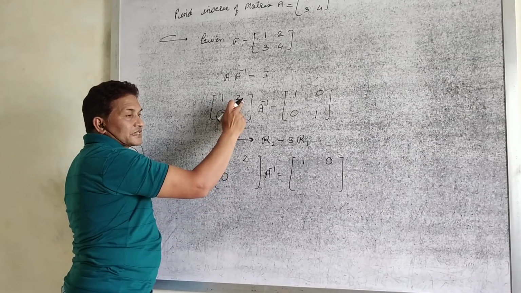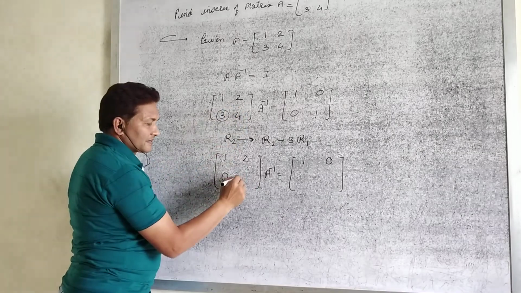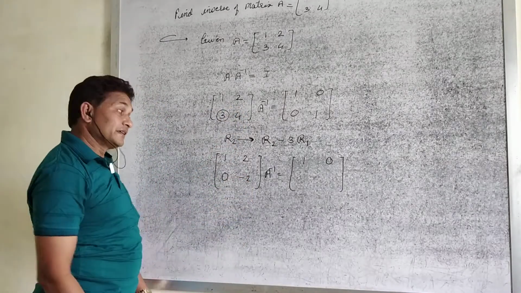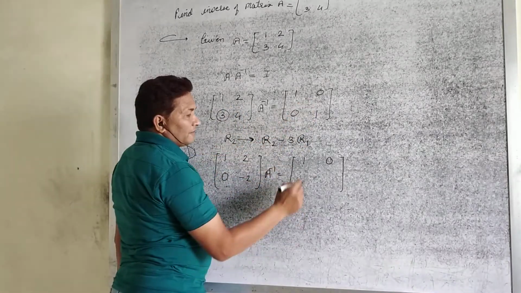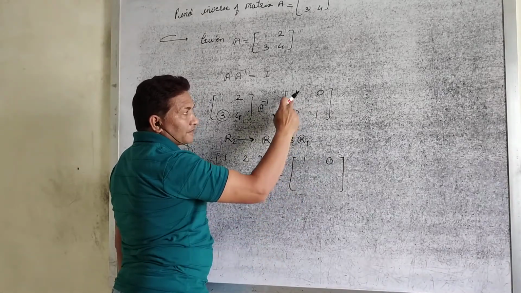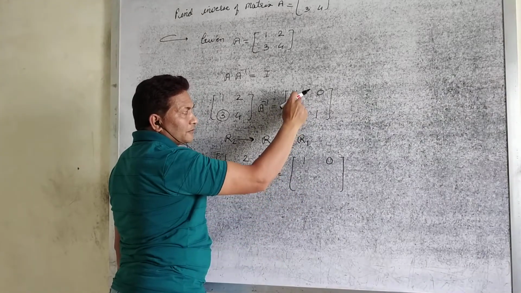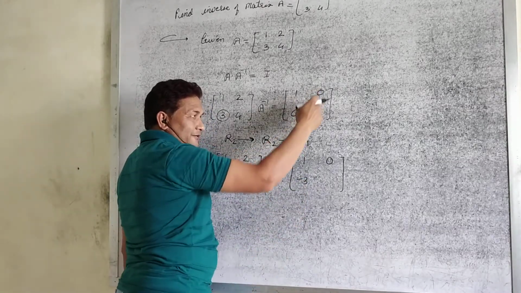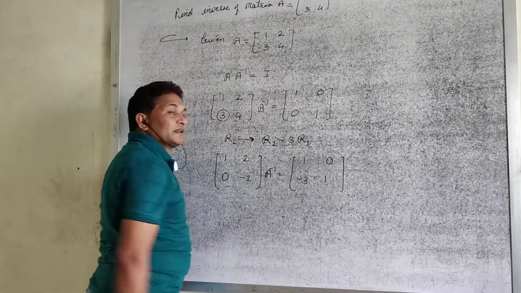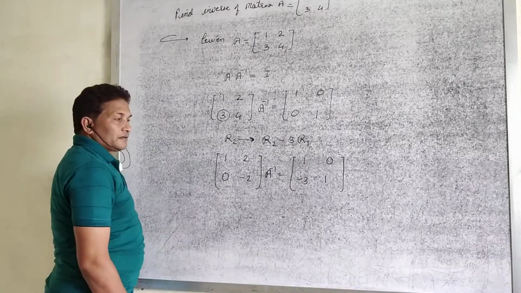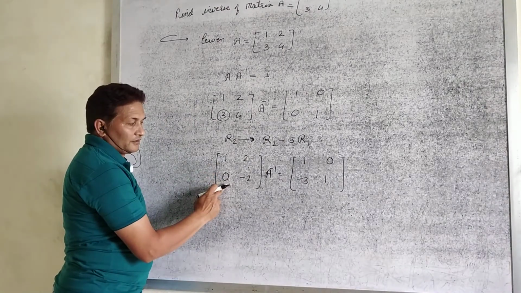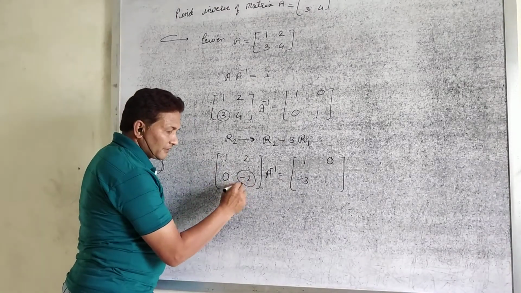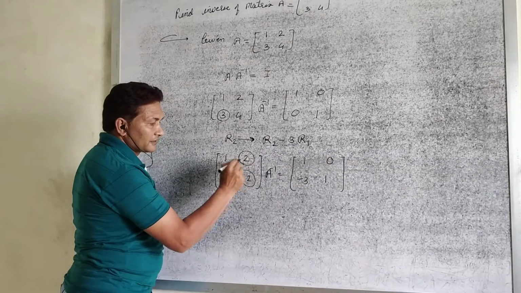Multiply by 3, 6, 4 minus 6 is minus 2. Here also the same operation. First row as it is, second row: multiply by 3, 3, 0 minus 3 is minus 3. Multiply by 3, 0, 1 minus 0 is 1. So this is the first operation. We get 1, 0.